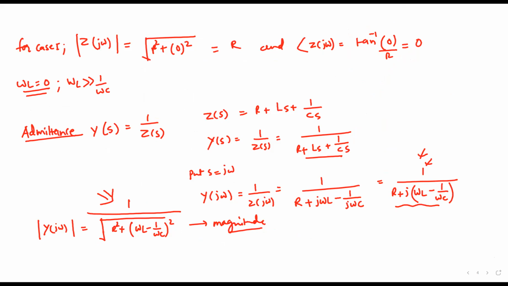So once we have that done, what about we try to obtain the transfer function of the voltages instead of impedance and the admittance. So let us redraw the circuit right here.